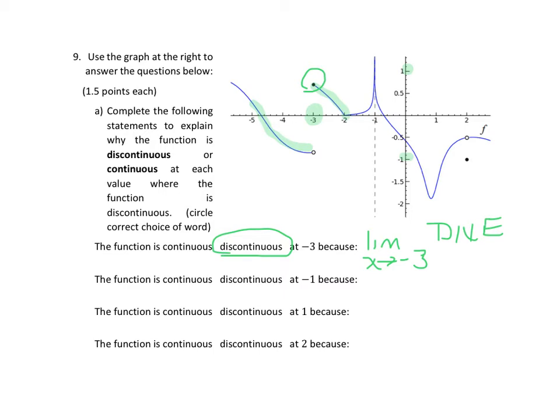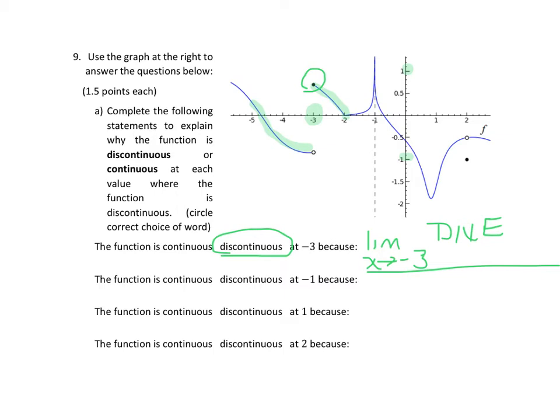And that is the language you use. Don't tell me there's a gap or there's a jump. It's because the limit did not exist. That's your 3-step process.